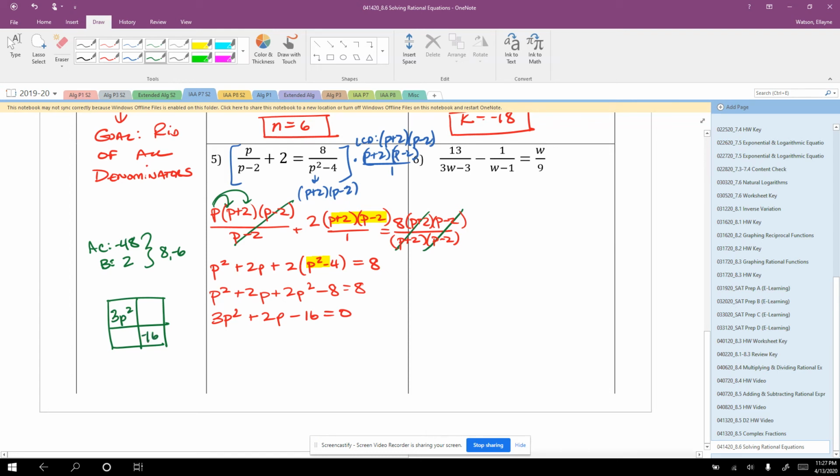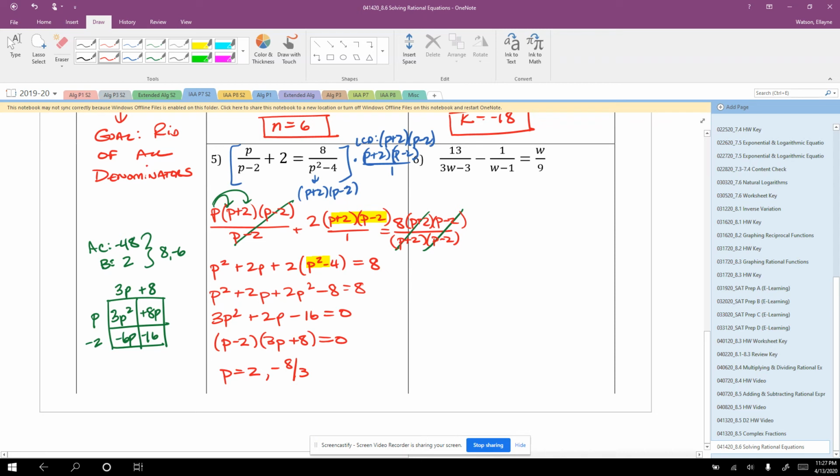Middle term is split into my two numbers that I found. Now take the GCF of each row and the GCF of each column. And I get p minus 2, 3p plus 8. All right, so this factors to p minus 2 times 3p plus 8. So I'm going to get p is equal to 2, negative 8/3.